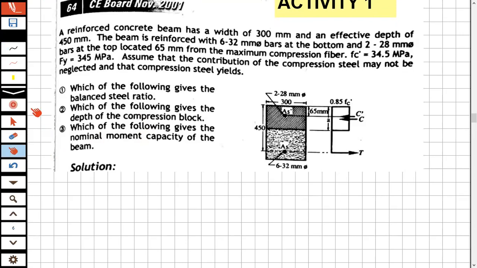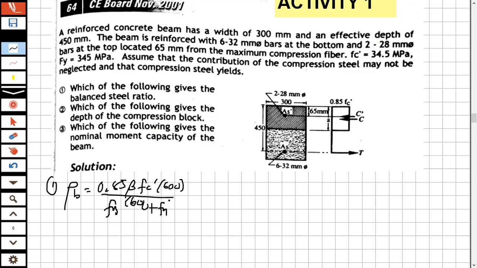So, the balance steel ratio, yung ρb, or rho balance. So, we have here, number 1. Formula lang naman siya, no? ρb is equal to 0.85 β1 f'c over fy times 600 over 600 plus fy, and then you have As' over bd.